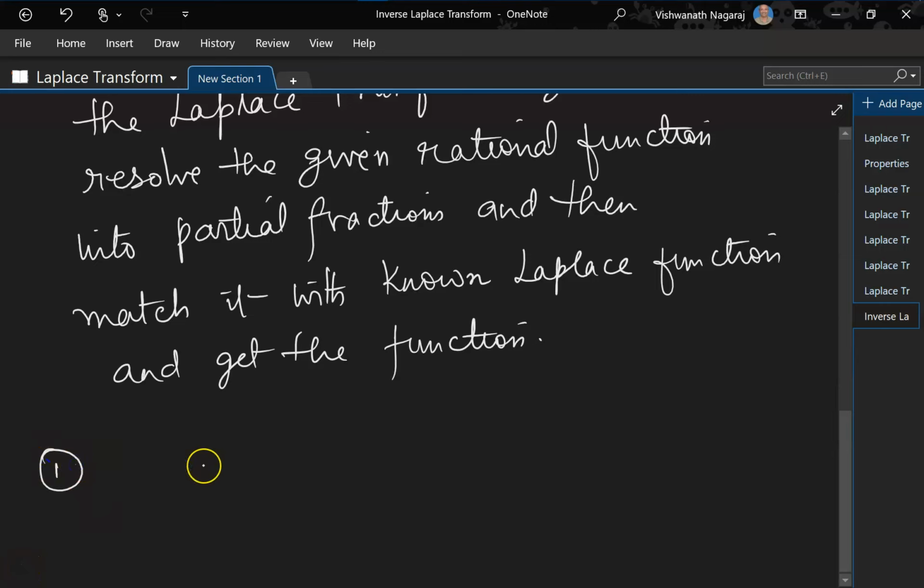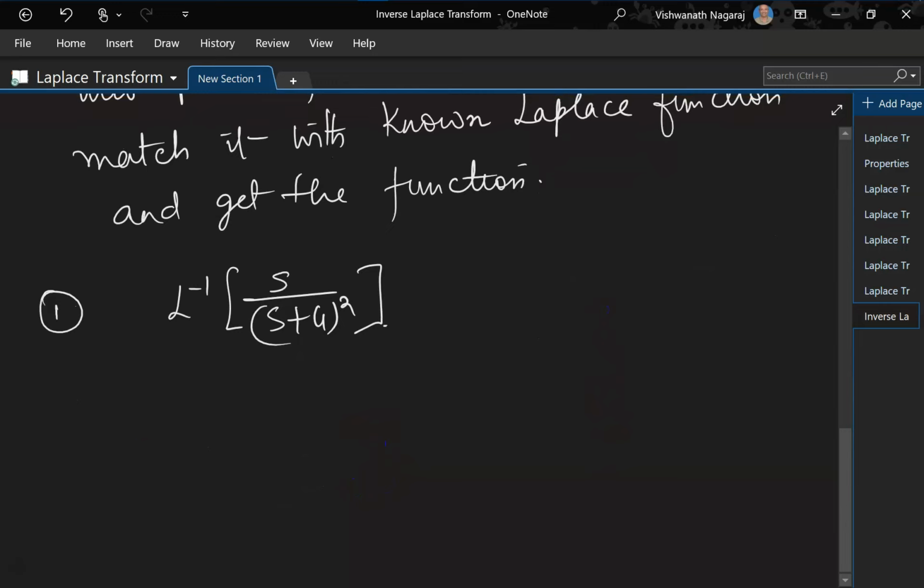Let's say we have to figure out the inverse Laplace of s by s plus 4 square. Now this can be written as Laplace inverse of, whatever is there in the denominator, that is the s plus 4, let's get it in the numerator also. So I write s plus 4, but I have added 4.